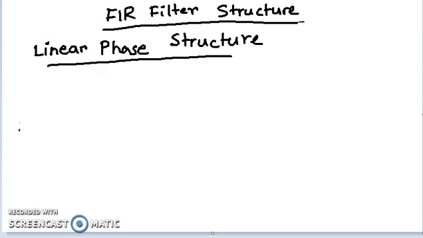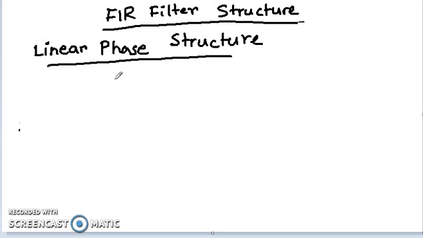It depends on the value of m that we have considered in the transfer function. It may be even or odd. Now the impulse response also may be symmetric or antisymmetric, so that means even or odd components.